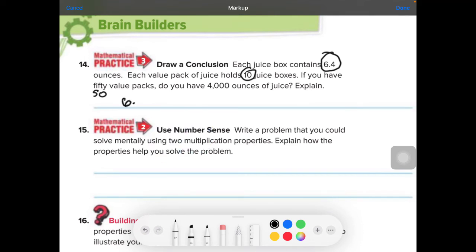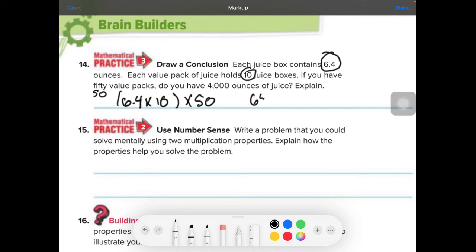Okay, we can figure this out. So we're going to do 6.4 times 10, because that's our first 2 numbers, right? And then we're going to put that in a little parentheses because we're associating those together. Then we're going to times it by 50 packs.